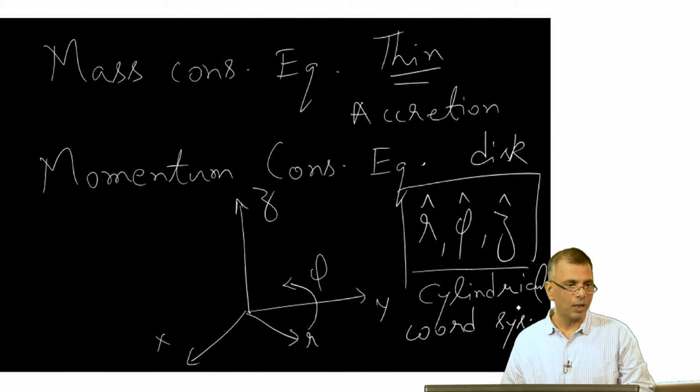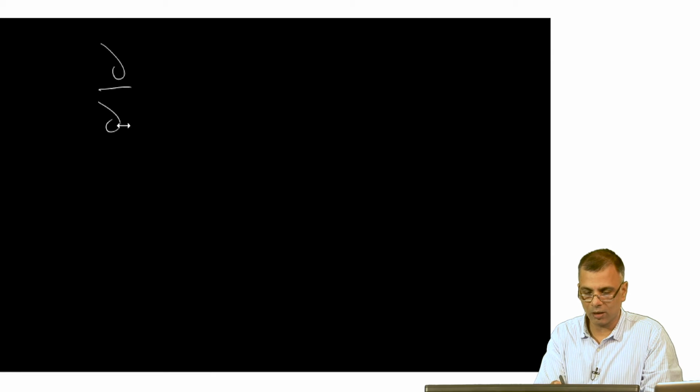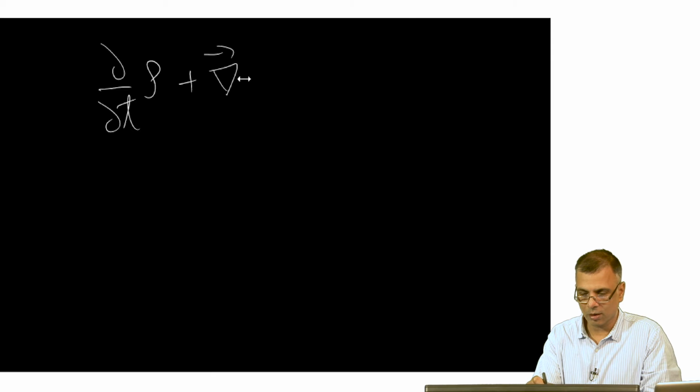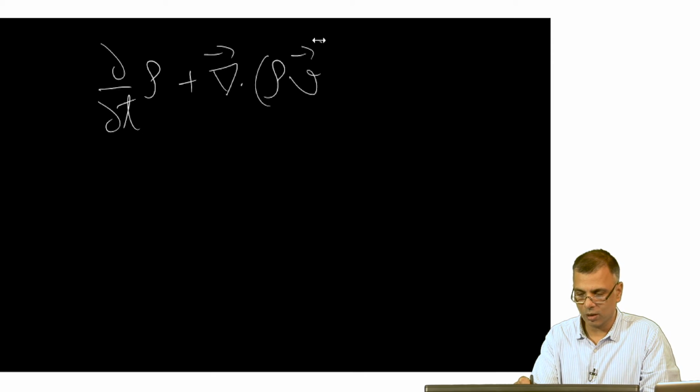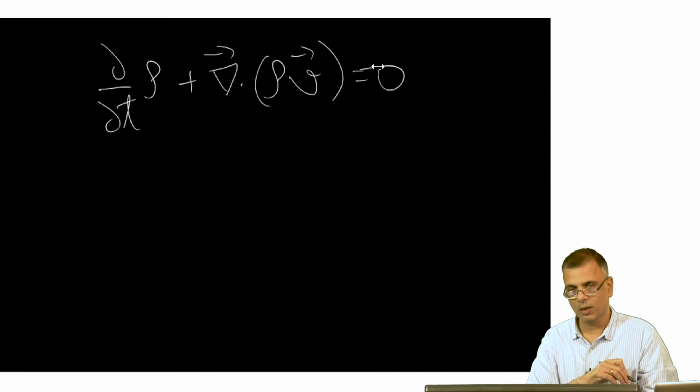And we will first consider the mass conservation equation. You remember what the mass conservation equation looked like. In general, it looked like d over dt of rho plus gradient of rho v equal to 0.